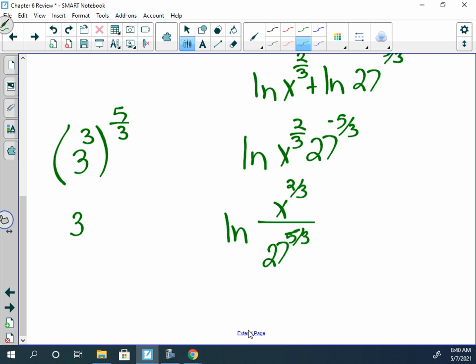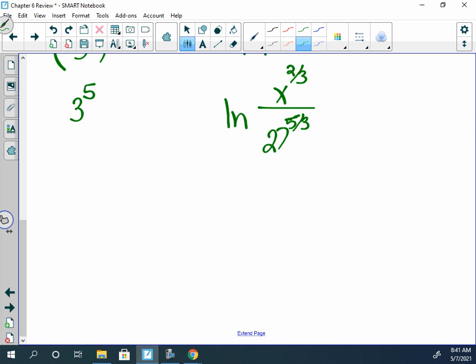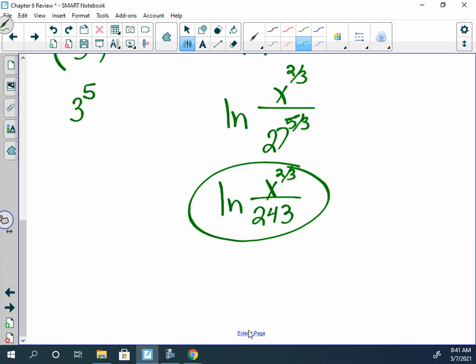Well, 3 over 1 times 5/3, the 3 and 3 would cancel, leaving me 3 to the 5th. Actually, if you put 27 to the 5/3 in the calculator, it would simplify to 243. Does that make sense on how that one changed?